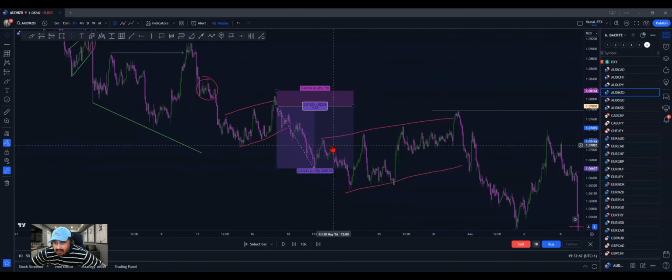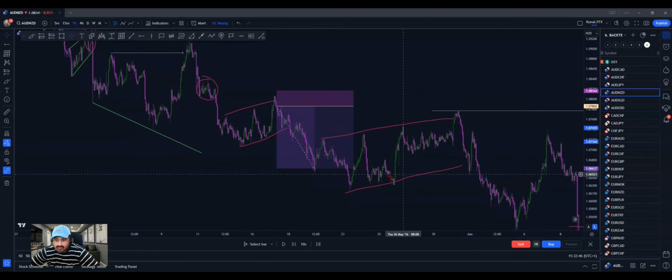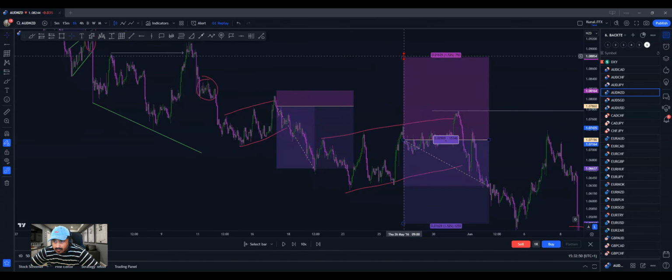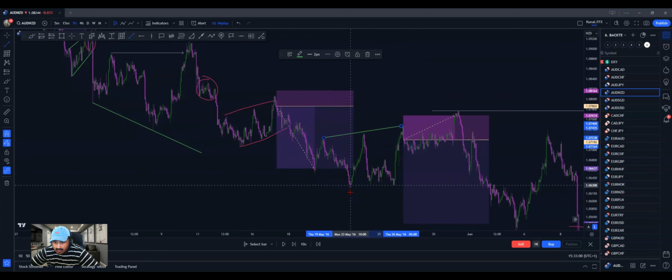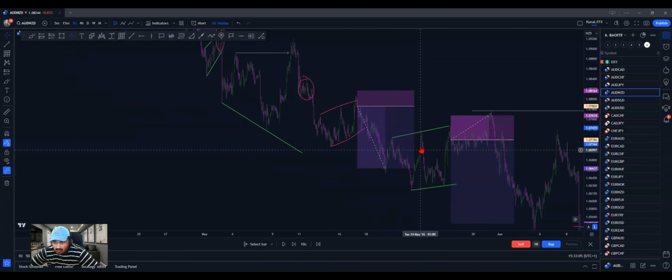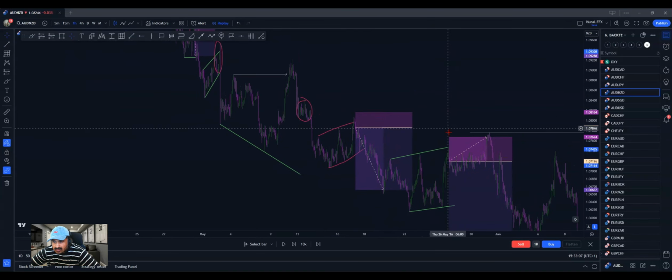And then 1, 2, 3. Possible we could have taken an entry on this and taken a break even, which would have been right there, because essentially what you'd be looking at is you'd be taking that point, that point, that point, and then you'd size it up like this, and then you'd see that as your 1, 2, 3 for another continuation to go lower.